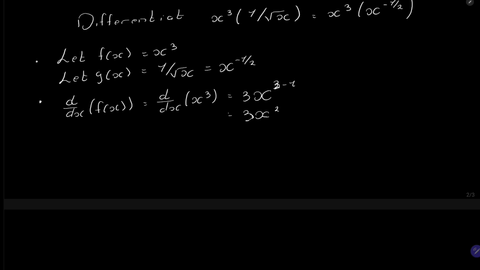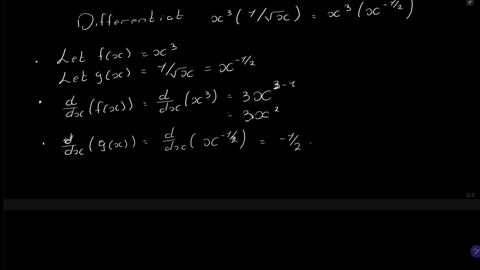Moving on to our next term, the derivative with respect to x of g of x is the same thing as the derivative with respect to x of x to the power negative half. Still following our power rule, this is negative half x to the power negative half minus 1, which gives us negative half x to the power negative 3 on 2.